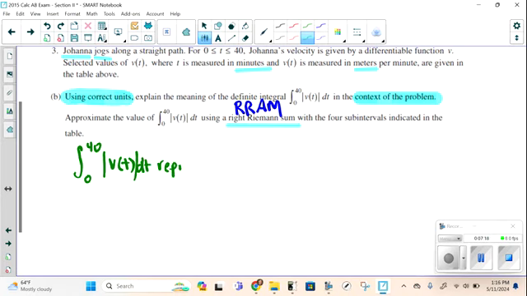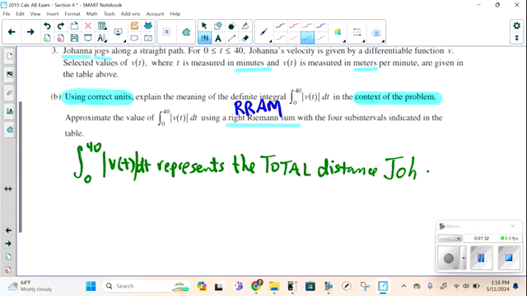represents the total distance Johanna jogged. I know that's jogged.